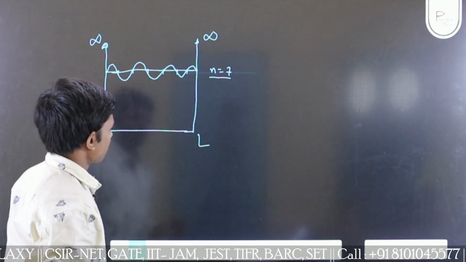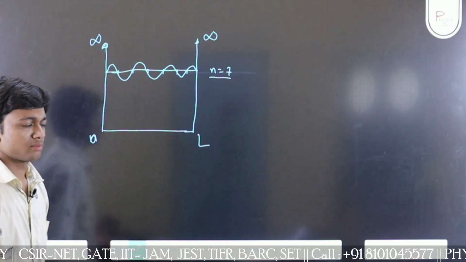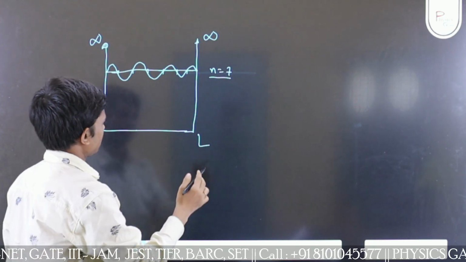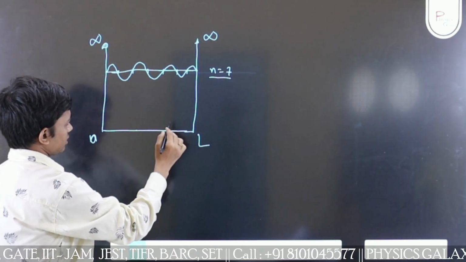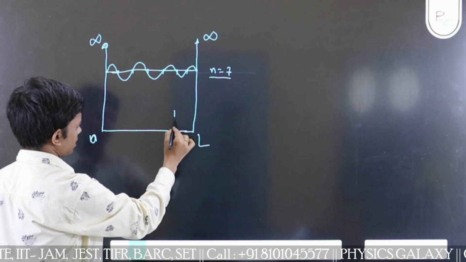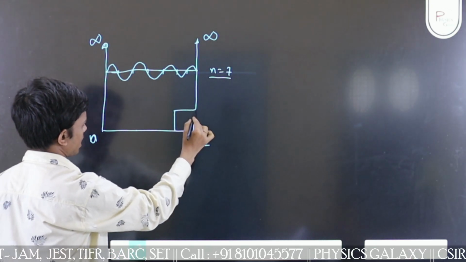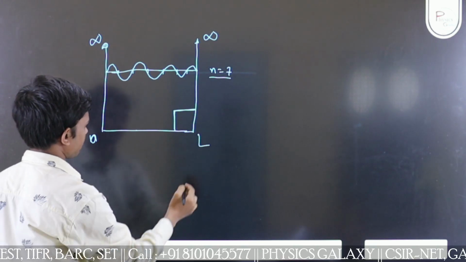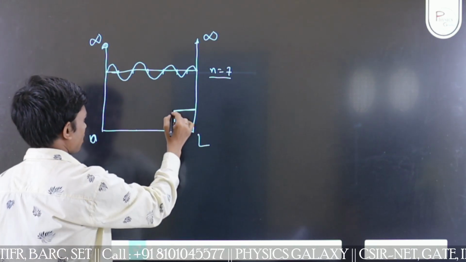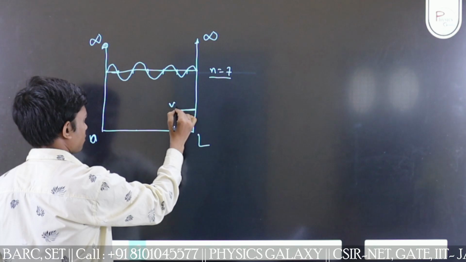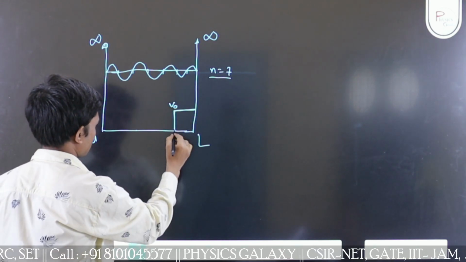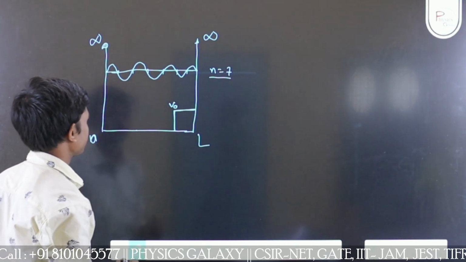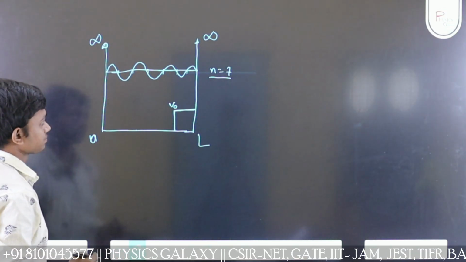Then the panelist madam said, if you think there was a perturbation, an additional potential V naught arising at the left or right side corner, then what will be the effect on the wave function for n equal to 7?